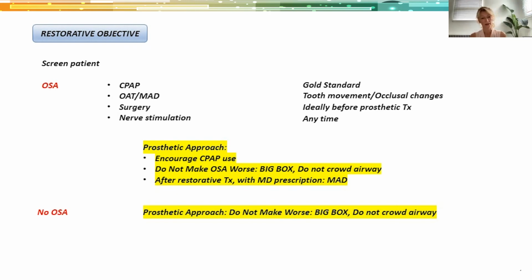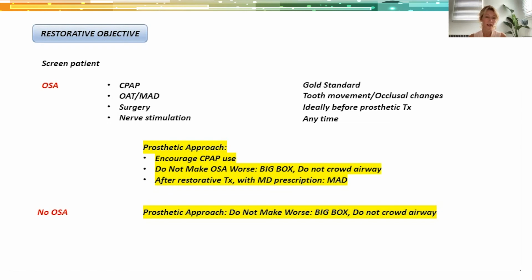But again, sleep apnea is a medical condition, so we always have to prioritize what is more important for the patient. We as restorative dentists are very cautious about tooth position, occlusion, and contacts. But with these kinds of patients, we have to make sure that they can breathe and that they're healthy.